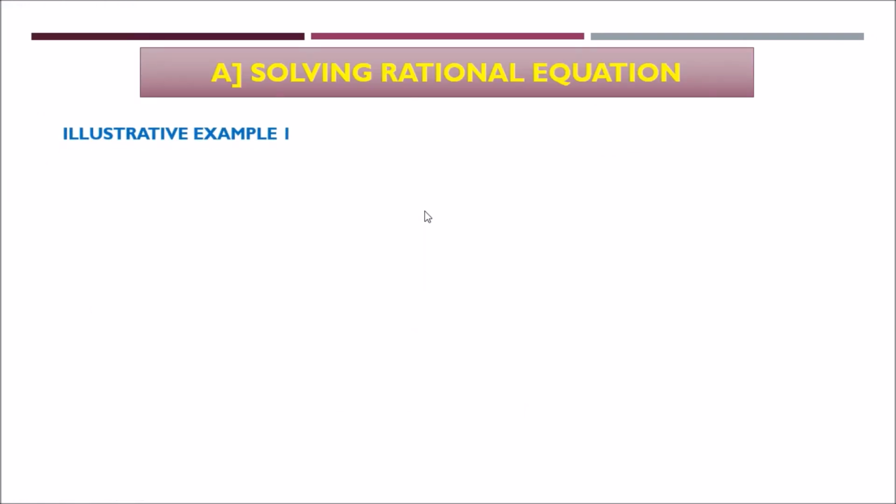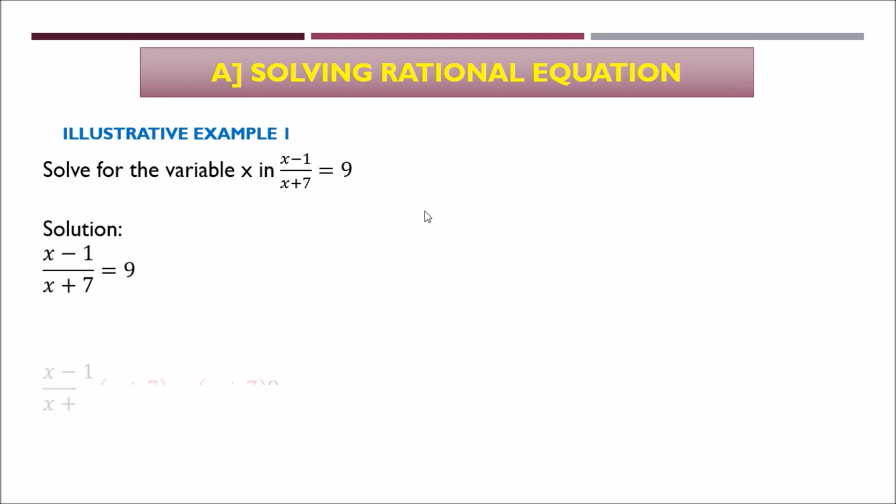Here is our first illustrative example. Solve for the variable x in x minus 1 all over x plus 7 equals 9. So here is our solution. For us to simplify the problem, we will try to eliminate the denominator, which is the quantity x plus 7.